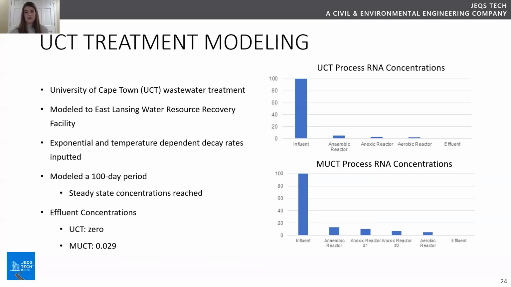For the UCT process alone, the effluent was 0. And then the MUCT process, which is just a modified UCT process with an extra anoxic reactor, the effluent was 0.029 RNA copies, so undetectable, but still there at extremely low concentrations. So overall, the treatment process was efficient in removing the virus out of the wastewater.